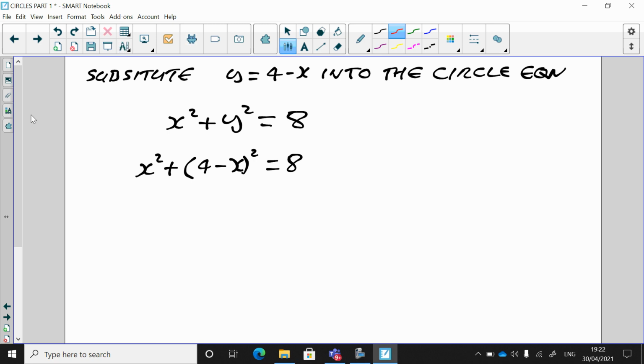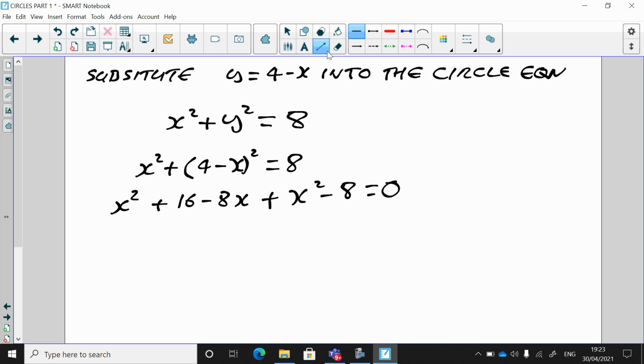Right, I'm not going to go through all the palaver of how to square up 4 take away x squared. It's done. And what I've actually done at the same time, see that 8 there? I bring that over to that side, and that's why that is negative 8. So don't be surprised. That's why you've got that there. Okay. That's the magic of algebra.